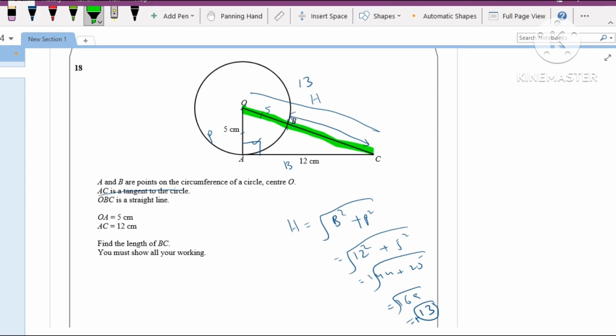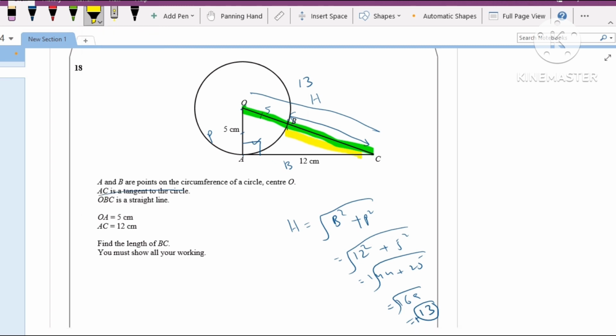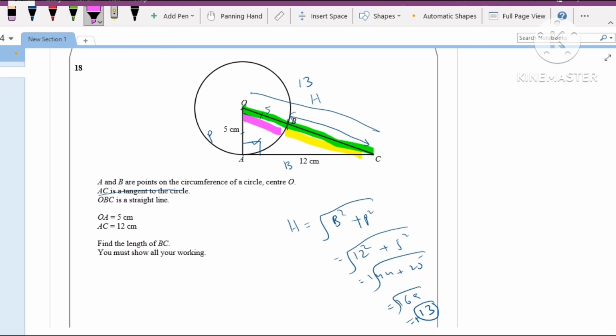We have to find the length here. So this is 5, this is 5. So you will take away this 5 from the total 13, that will be 8 centimeter. That's done. So this is question number 18.